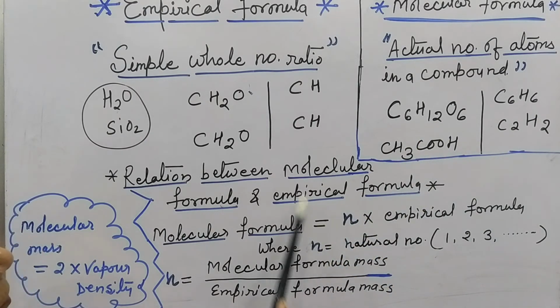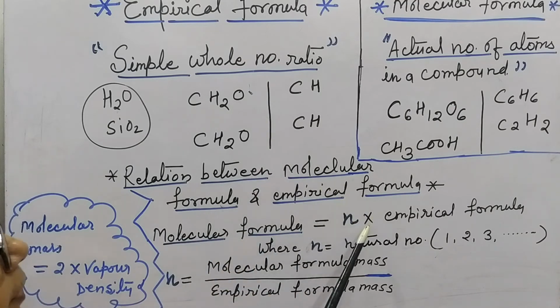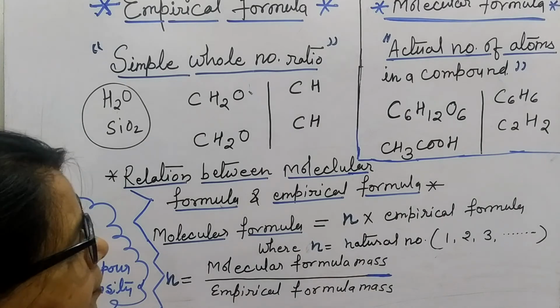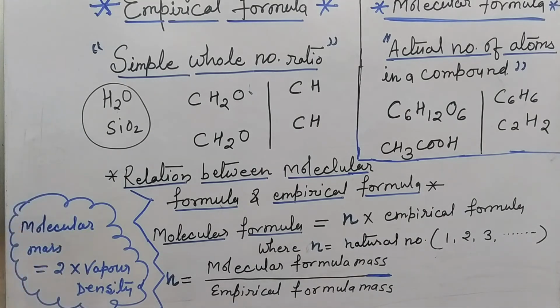That is 6. Okay. When we multiply 6 with this simplest ratio, then definitely again the molecular formula will come: C6H12O6. So molecular formula equals n, an integer or natural number, multiplied by empirical formula.